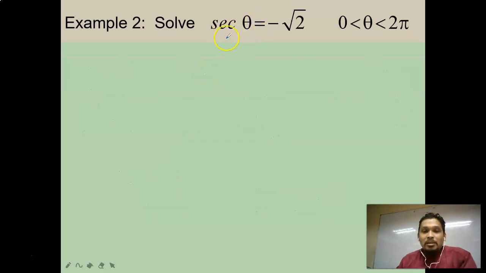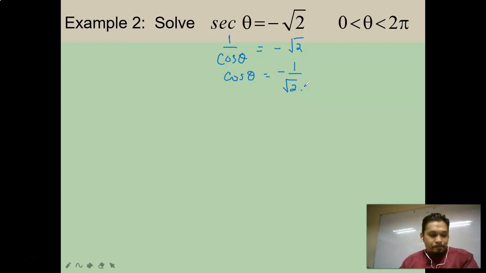Secant theta, where secant is 1 over cos theta, equal to negative square root of 2. So then cos theta equal to negative 1 divided by square root of 2.